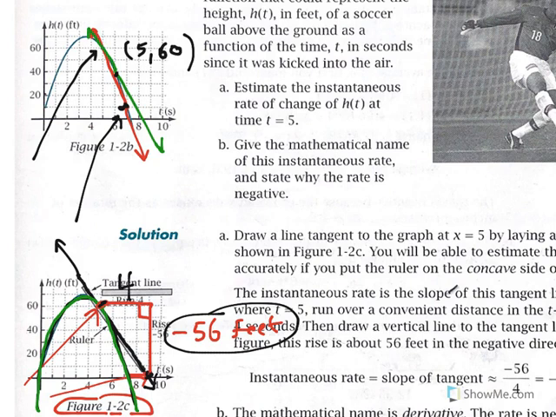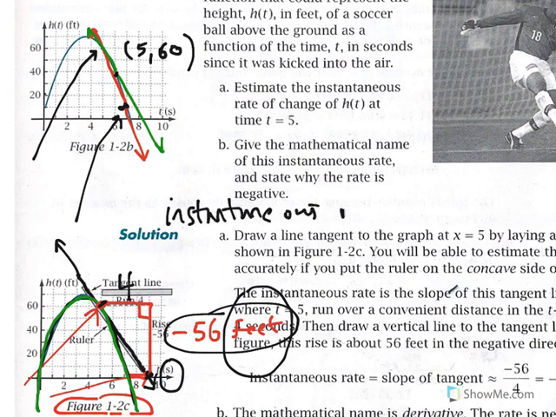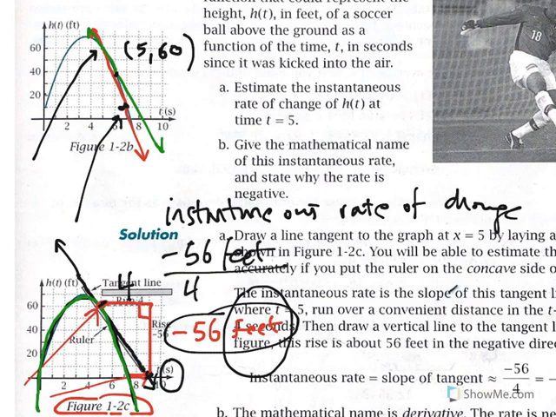So horizontal units are in measurements of time. The units for the vertical axis are measurements of distance. So we're going to have an instantaneous rate of change, and that's going to be negative 56 feet divided by 4 seconds.